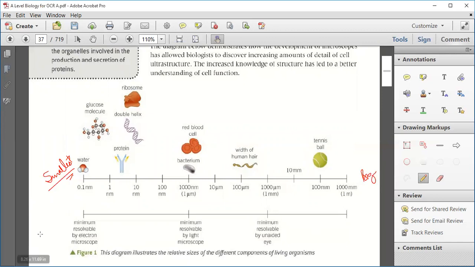The minimum resolution by the electron microscope is this one, and this is the minimum resolution by the light microscope. With the help of the light microscope, we can only see this one. And the minimum resolution by unaided eyes, meaning without any microscope, is the minimum that we can see.